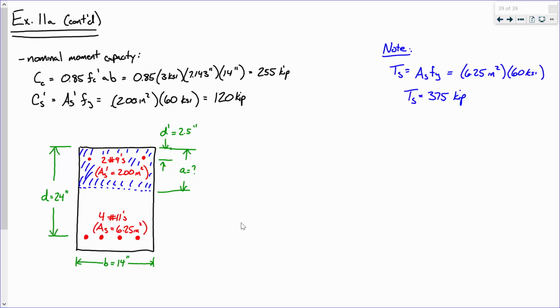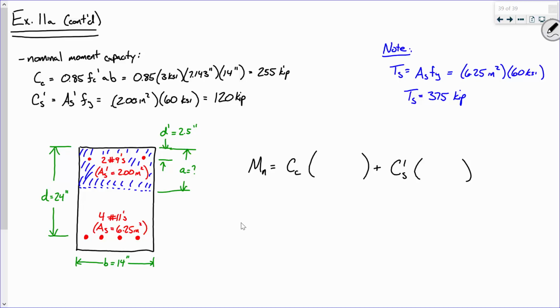I'm going to sum moments from the tensile steel. The moment capacity is going to be a force times a moment arm. So nominal moment is that compressive force in the concrete times some moment arm plus the compressive force in the steel times some moment arm. Because I'm summing moments right here, the moment arm for the tensile steel is 0, so I don't have to worry about that.